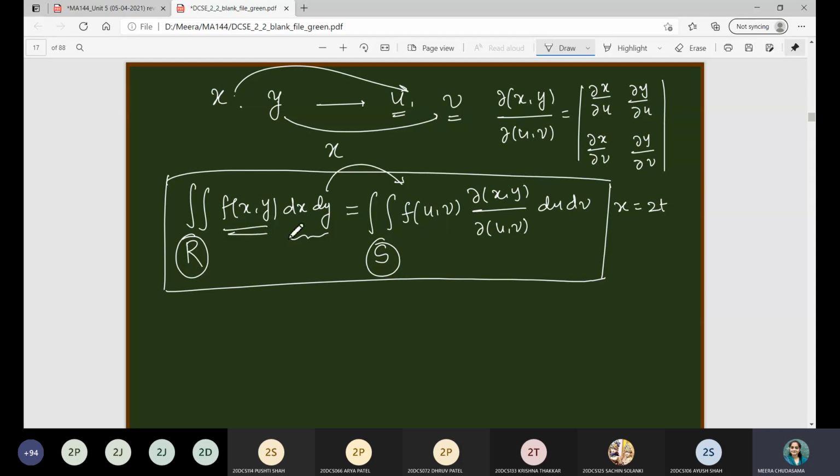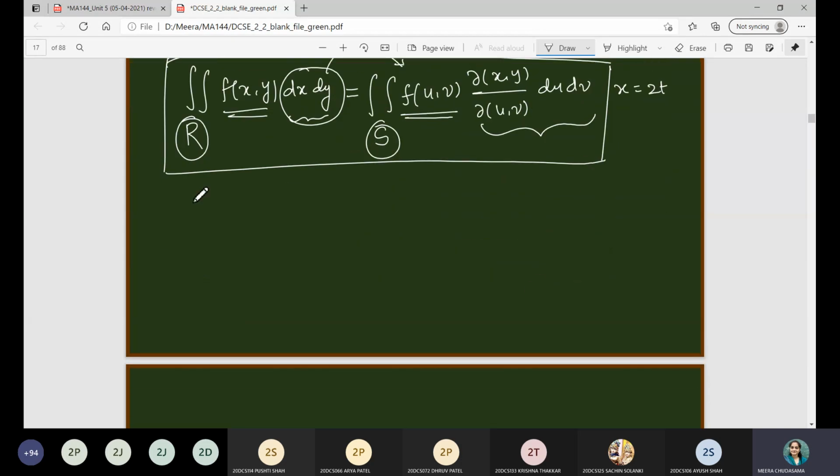The function has to be converted from xy to uv, and dx dy will be replaced by this Jacobian into du dv, right? For example, right now we have considered x is equal to r cos theta and y is equal to r sin theta. This is the transformation in terms of polar coordinates we have considered, right?